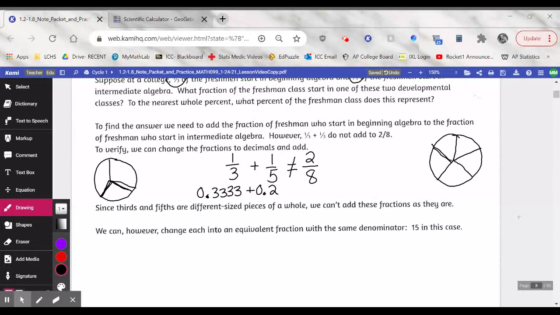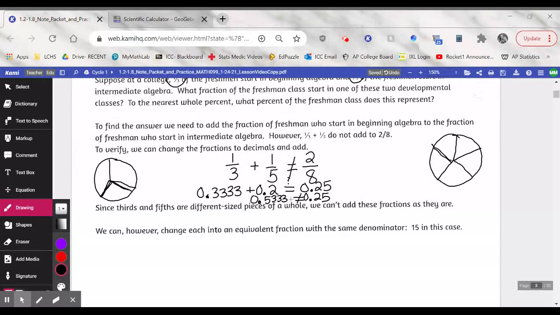And we want to see, does that equal 2 divided by 8? If you take 2 divided by 8 in your calculator, it is 0.25. Add those two decimals up, you get 0.53 repeating. That does not equal 0.25. So we can see that this is not going to work.